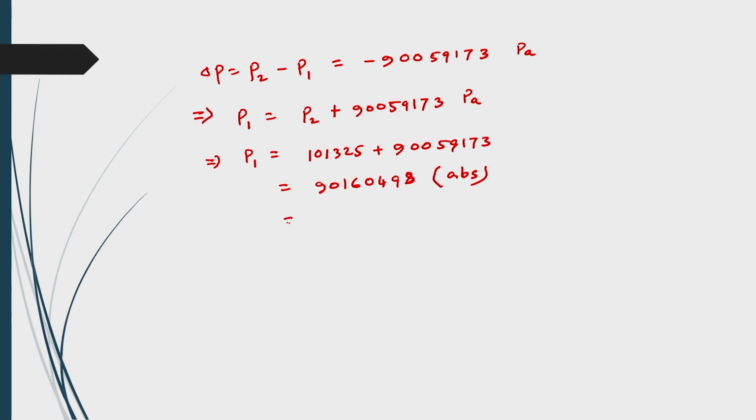Finally, we can write it in bar as 0.61 bar, because 1 bar is equal to 10 to the power 5 Newton per meter square. In this way, by applying Bernoulli's equation, we can solve for pressure, for velocity, and even for elevation height, provided the other terms are there as per your problem.